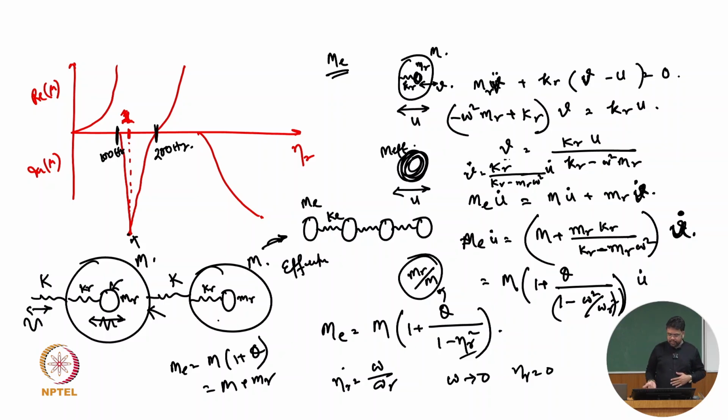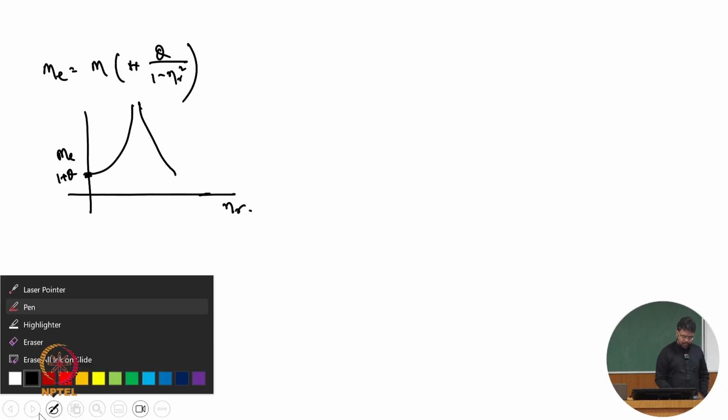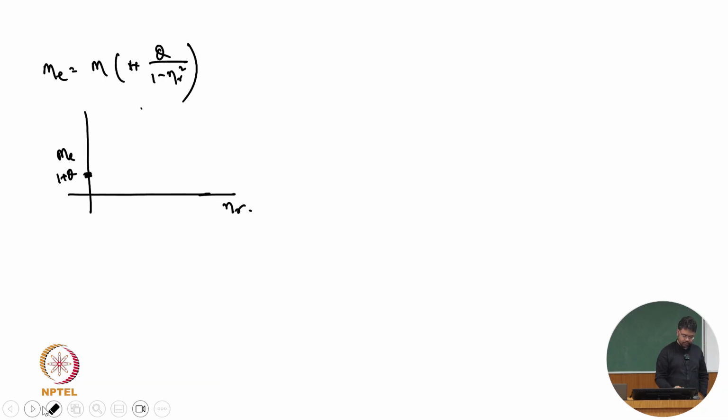Now, if we are putting it this way, then we can see that m effective equal to m into 1 plus theta over 1 minus eta r square. So if I try to plot that with eta r, we can start from 1 plus theta, it will go up, and then the most interesting thing will happen. Sorry, first thing, it will go up.